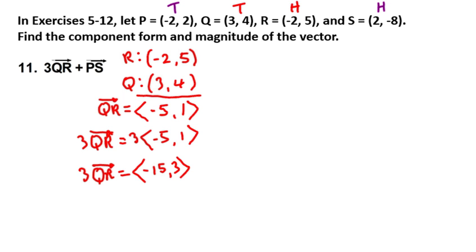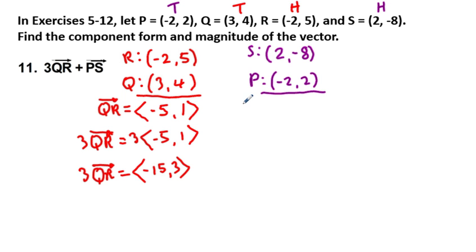All right, let's go ahead to this second one, PS. So S is our head, and that's going to be 2, -8. And P is going to be -2, 2.